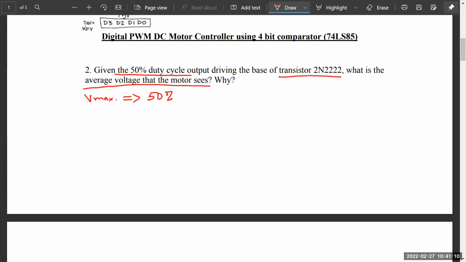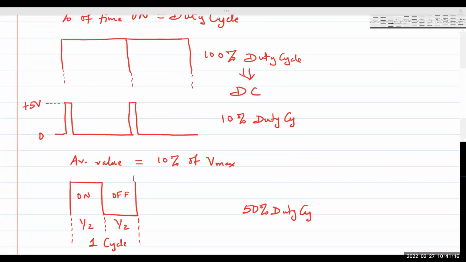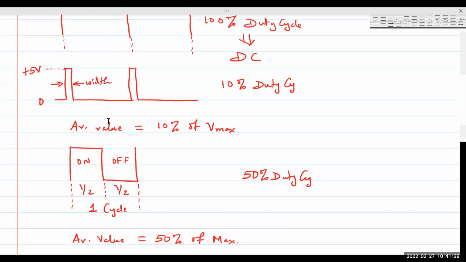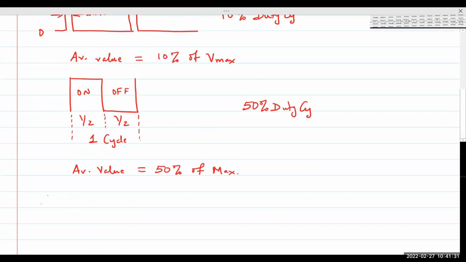Now, coming back to our rectangular pulse. This is known as the width of the pulse. And notice what we are doing: when we change the duty cycle, we are changing the pulse width.